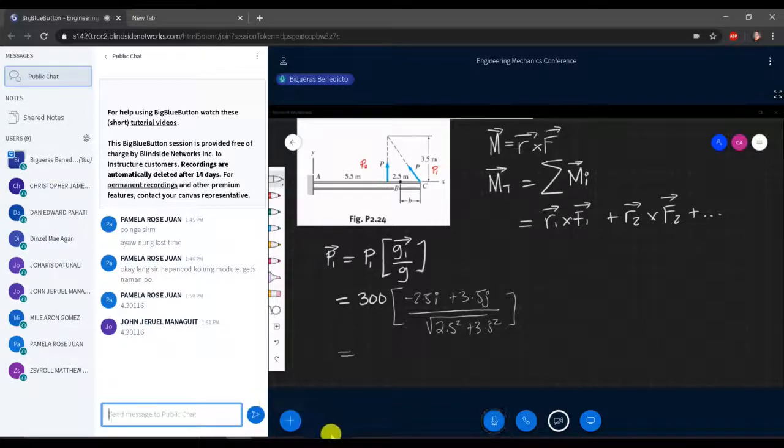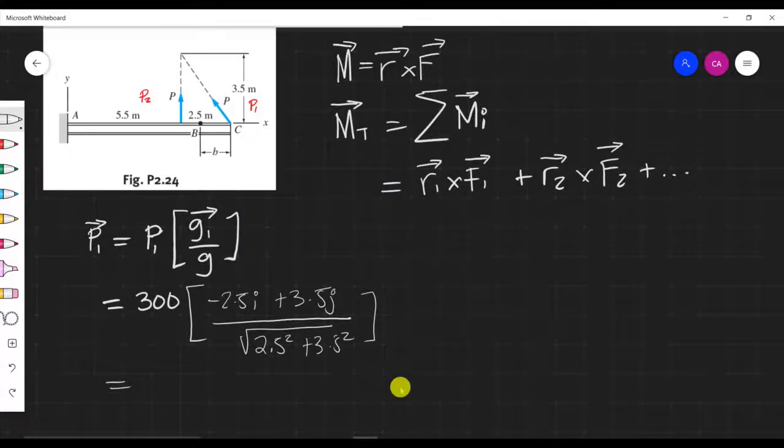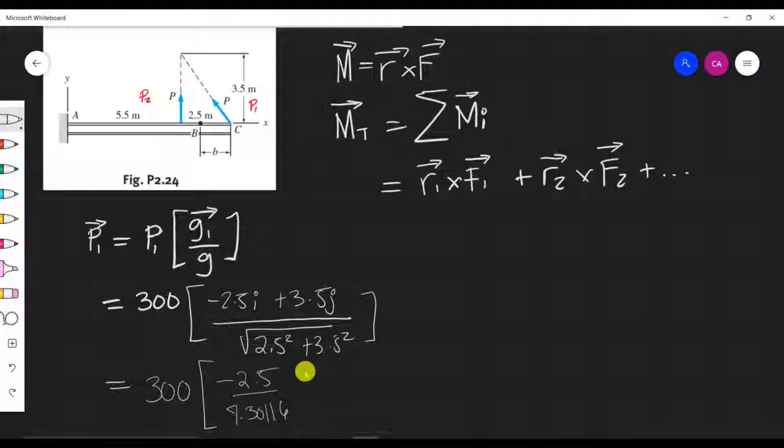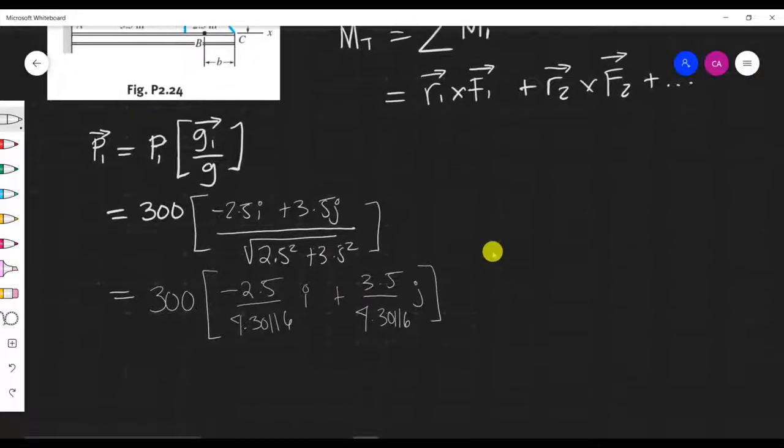Sige, yun na lang, 4.30116. So, 300 times, i-distribute ko na yung denominator. So, 2.5 over 4.30116, this is i, plus 3.5 over 4.30116, this is j. Now, what is the vector P sub 1?